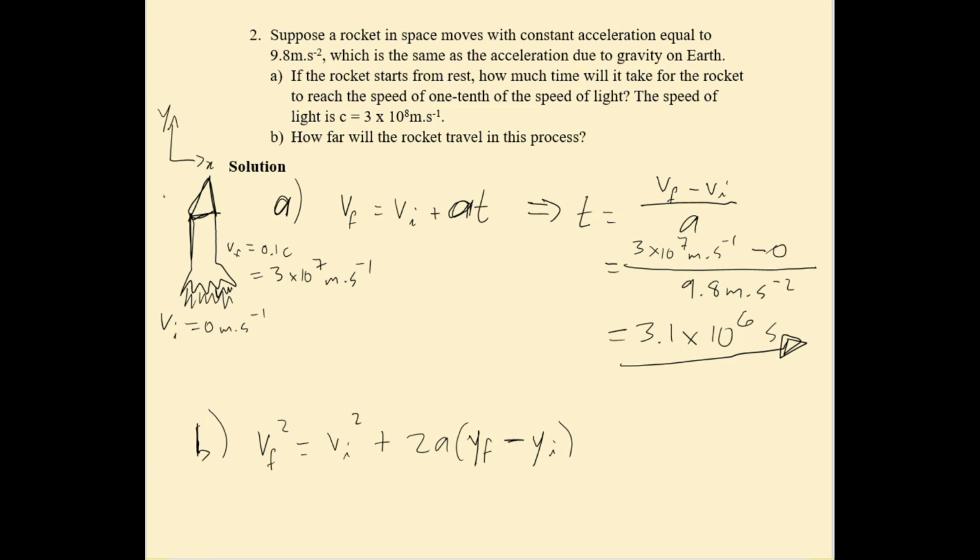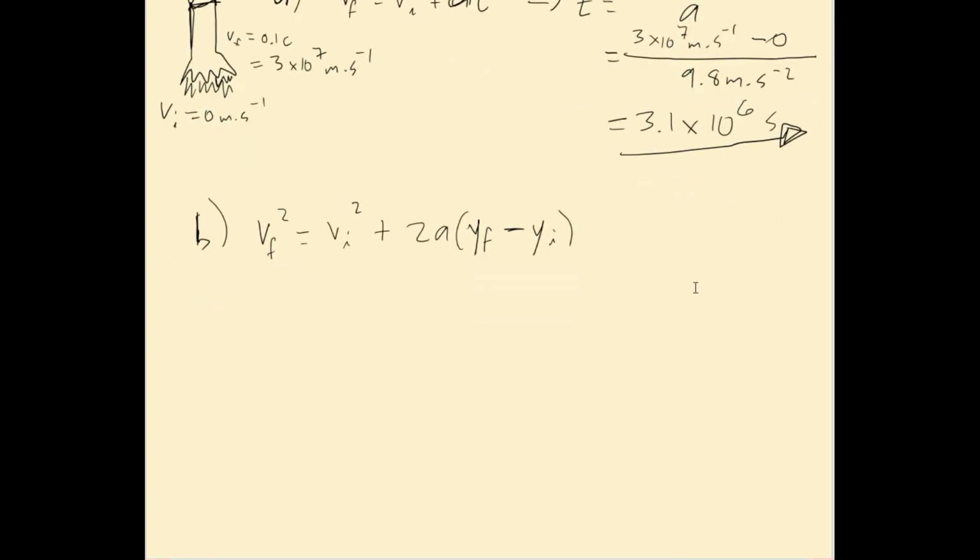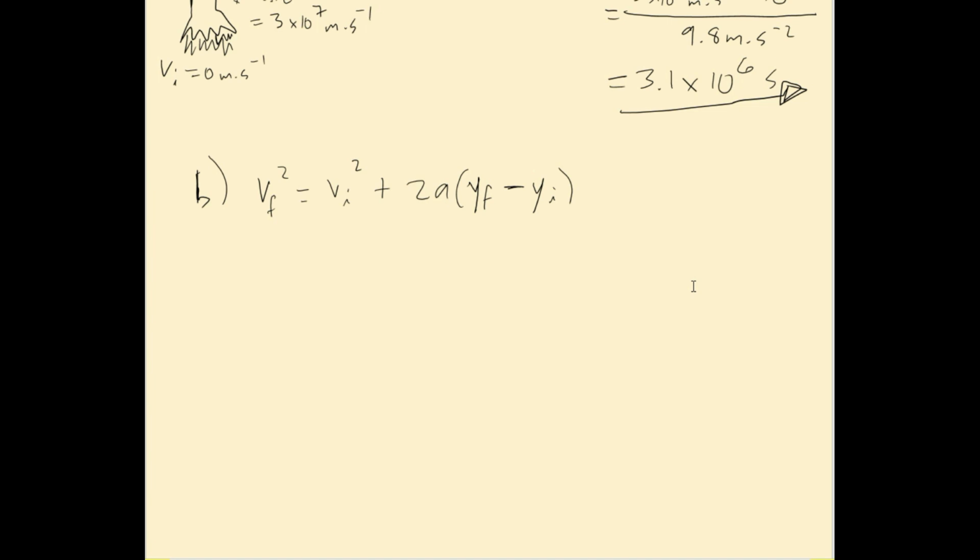We can set y initial to 0 because we can assume it started from the ground, and we can just make the ground 0. Distances only make sense when you measure one point relative to another, and we normally make the base point 0. So let's just simplify the algebra a bit.